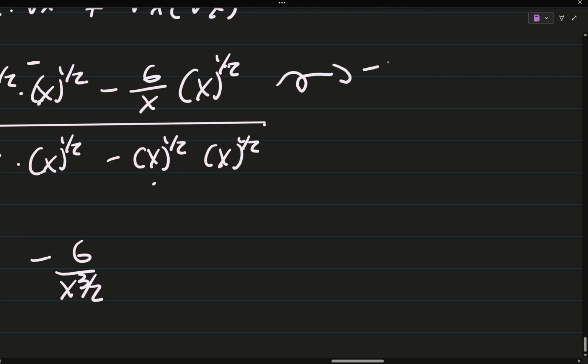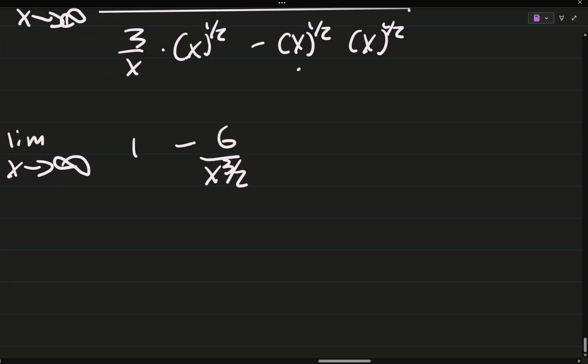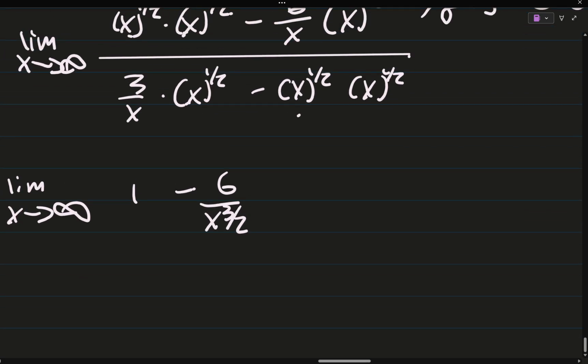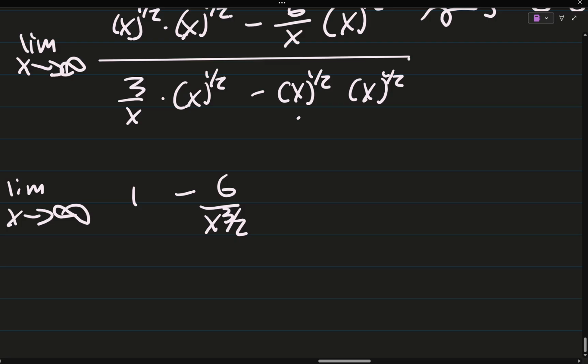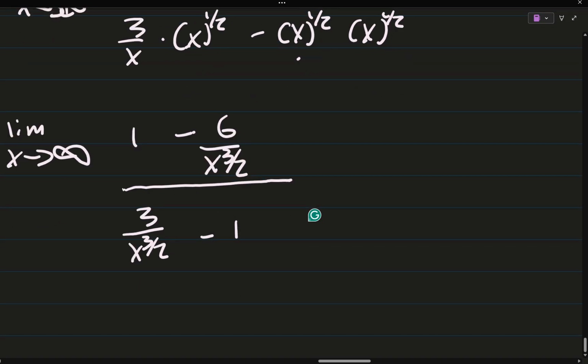Because we have negative 6, negative 1, and that's being added as 1 over a half. I'm going to divide everything again. This will leave us with 3 over x to the 3/2 minus 1.